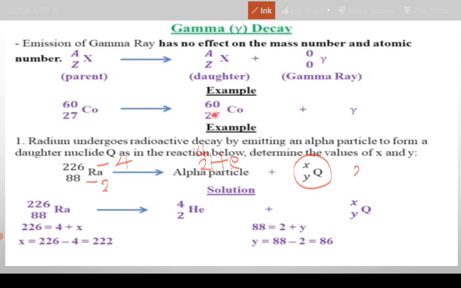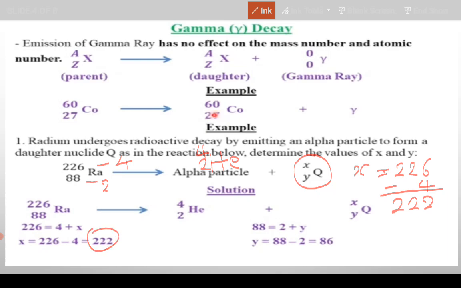Therefore, it means X is going to be equal to 226 subtract 4, which means it's going to be 222. So X is 222.